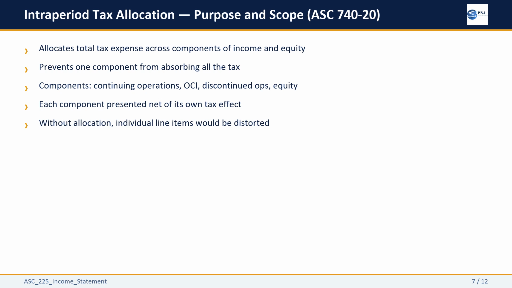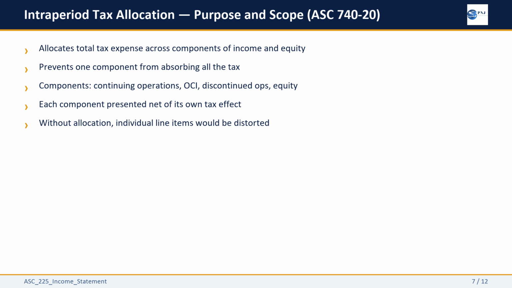Here is the problem intraperiod tax allocation solves. Imagine a company with a large gain in other comprehensive income and a small operating loss. If all tax expense were loaded onto continuing operations, the operating results would look far worse than they actually are on an after-tax basis.